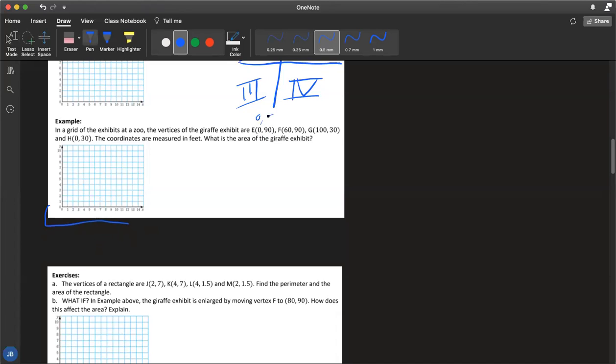So we'll go (0, 9), then (6, 9), then (10, 3), and then (0, 3) for that one. So that way it fits. Or on the opposite side, instead of these being ones, we can say this is 10. So we can say between here is 10.